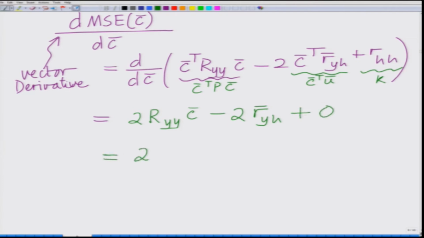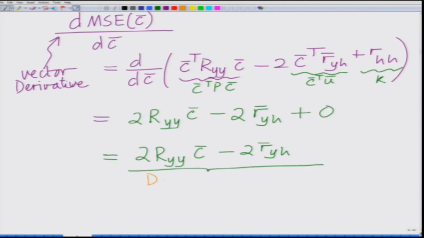So the derivative of the MSE with respect to C bar is twice R yy C bar minus twice R bar yh. This we have already seen, dMSE by dC bar.